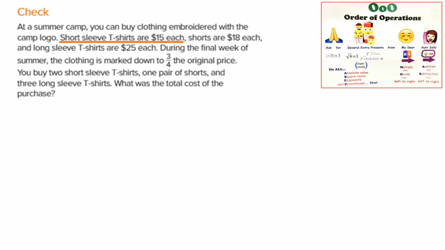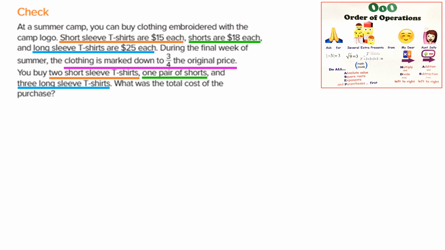All right, so if I know I have short sleeve t-shirts and they are $15 each, and I need to buy 2 of them. And then I have shorts that are $18 each, and I'm going to buy 1 of those. And I have t-shirts that are $25 each, and I'm going to buy 3 of those. But I want to look at the math that I need to do, because it says the clothing is marked down to 3/4 of the original price.